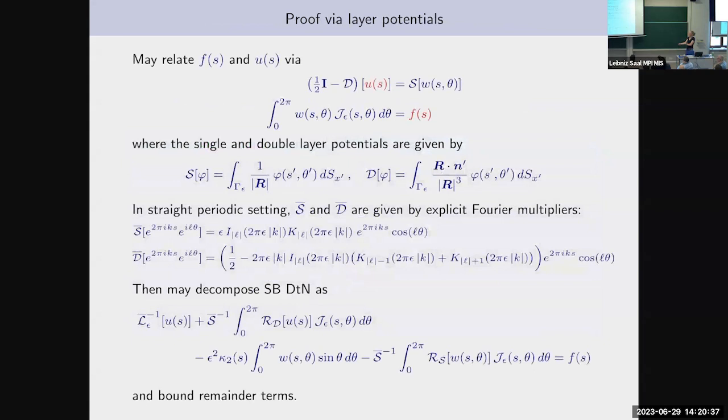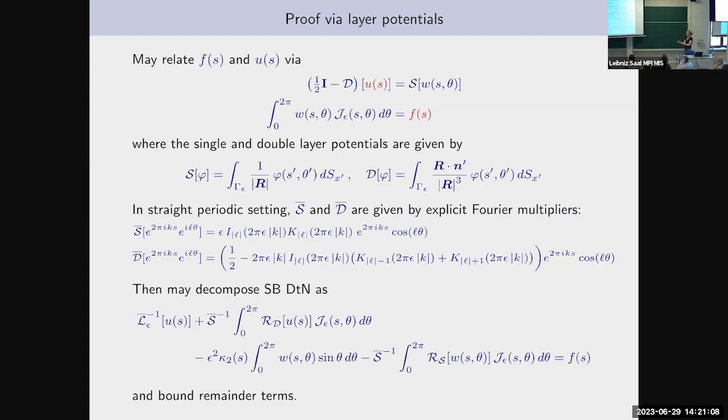And the proof of that, to show that you can decompose the operator in this way, you can relate f and u using a layer potential formulation of the slender body PDE, where S and D are now the single and double layer potentials. Then again, in the straight periodic setting, we can explicitly calculate pretty much anything we want.